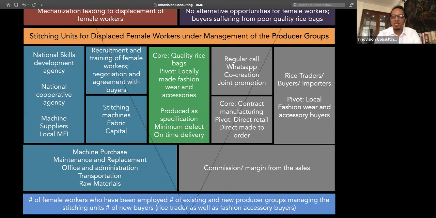So the machine suppliers are no longer the partners, they become the solution service providers, and the producer groups become the customer segments. When we work with projects to design very many interventions in the same project, the same organization is a partner in one case, the solution provider in another, and in another case they're also a customer.